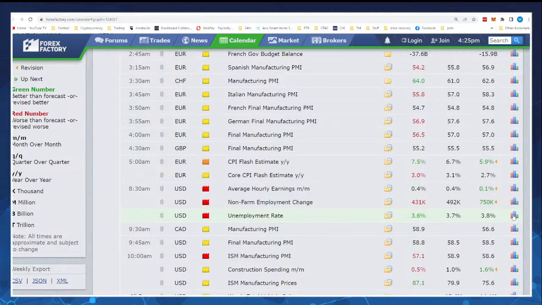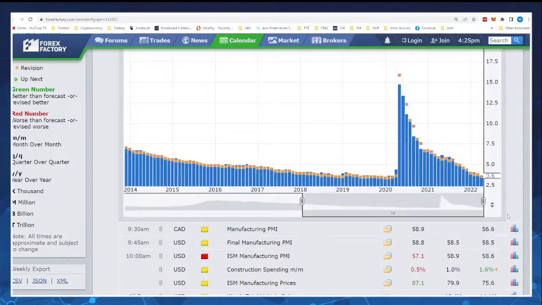They were expecting it to drop, meaning that there's less unemployment than expected. It was supposed to go from 3.8% to 3.7%, and all of a sudden, it went to 3.6%. So with this chart right here, we are now pretty much at the exact same level we were right before the pandemic with regards to unemployment. We're 0.3% higher, but really this is a great unemployment number that came out.